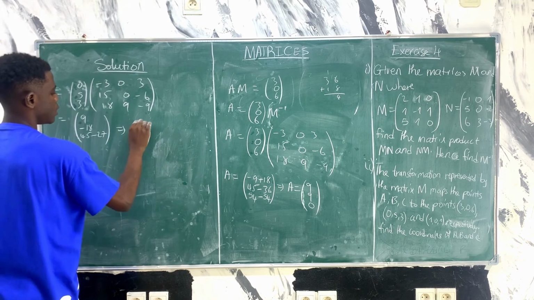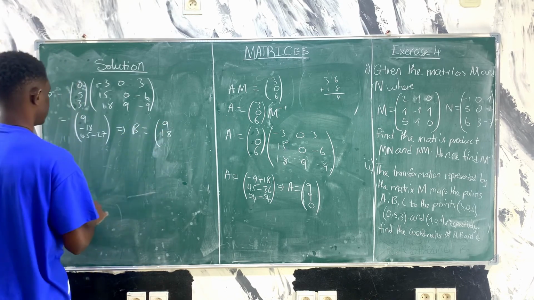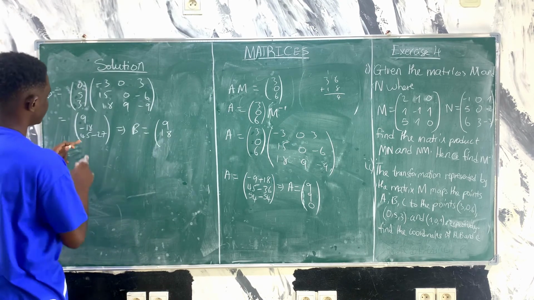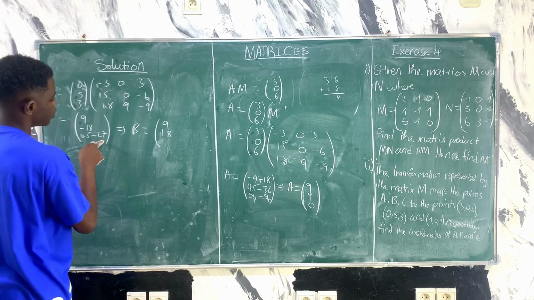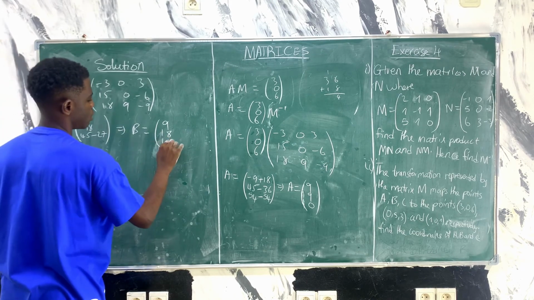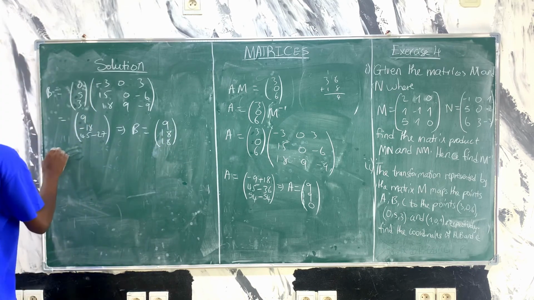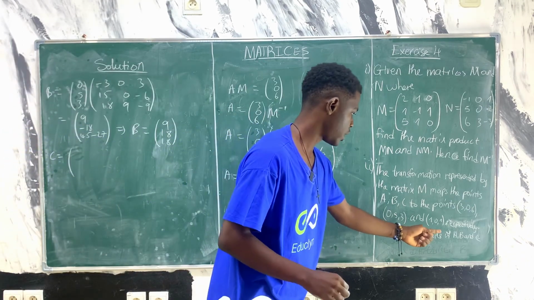This implies B is equal to 9, 18, 45 minus 27, which is 18. So that's B.